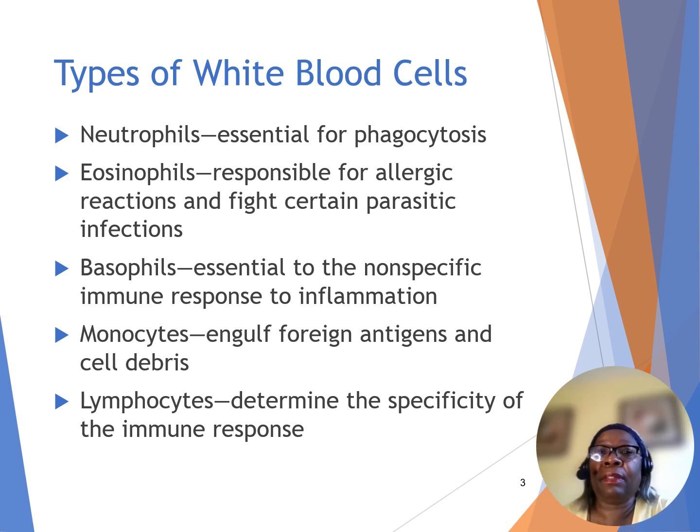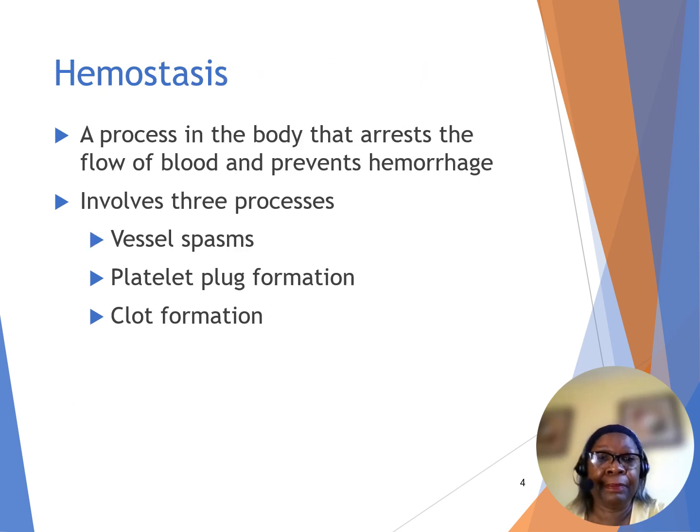All right. So now let's look at the basophils. Basophils produce an allergic response like coughing, sneezing, or runny nose. Monocytes defend against infection by cleaning up damaged cells. All right, so those are the 5 different types of white blood cells.